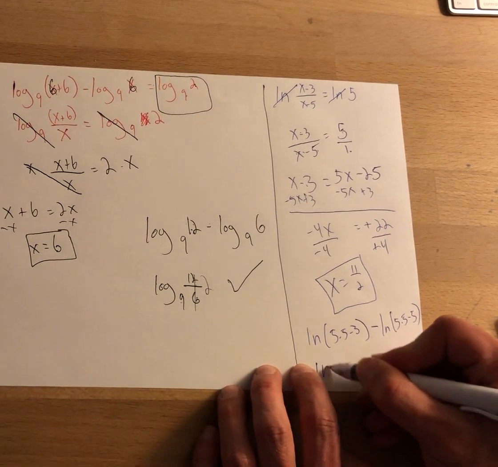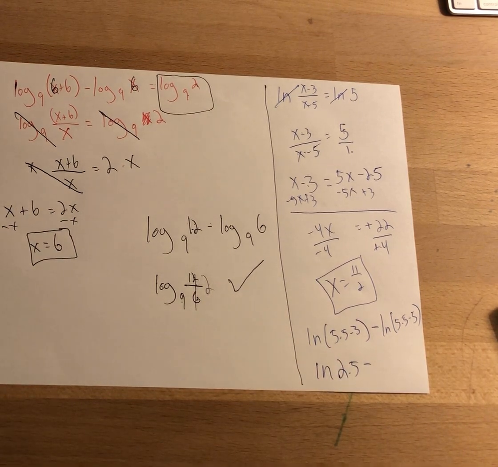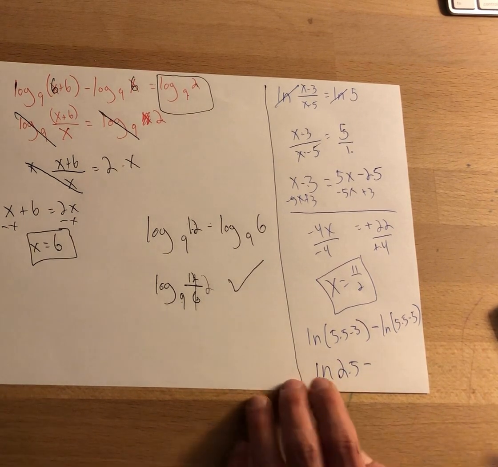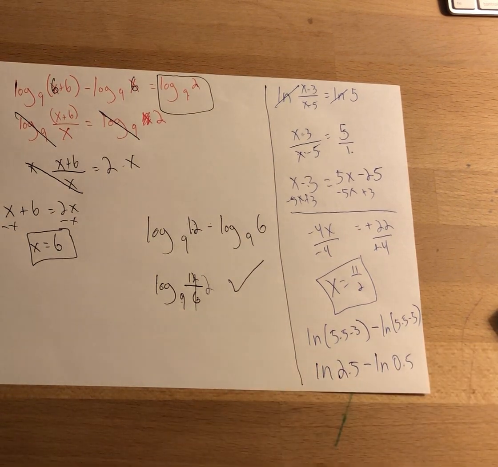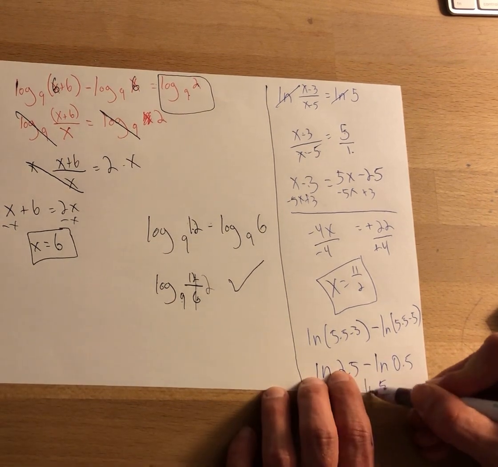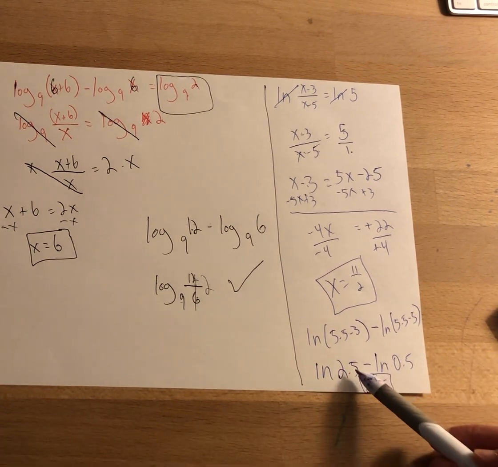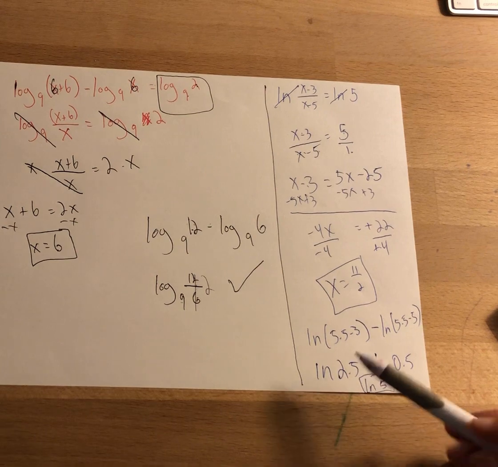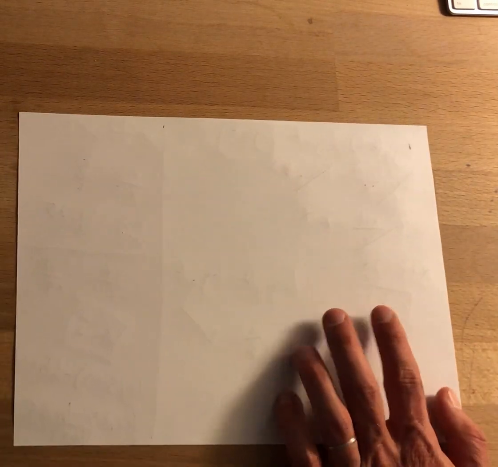So I'm going to get natural log of 2.5 minus natural log of 0.5, and then if I were to go 2.5 divided by 0.5, I'm going to have natural log of 5, because remember, whenever you subtract, it's the same thing as dividing this by this. Okay, let's try the very last one.